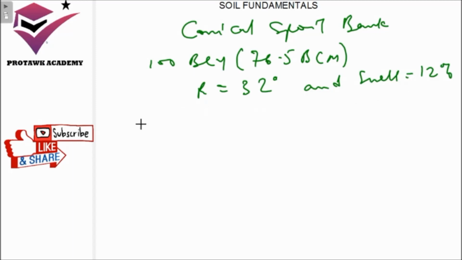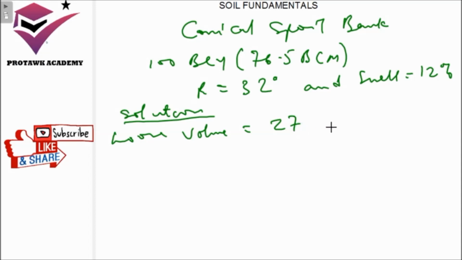Similar to what we did in the case of the triangular spoil bank, the next thing we need to do is calculate the loose volume. In feet, we have to multiply 27, because we are multiplying in feet, times the 100 given to us in bank cubic yards, multiplied by the swell.